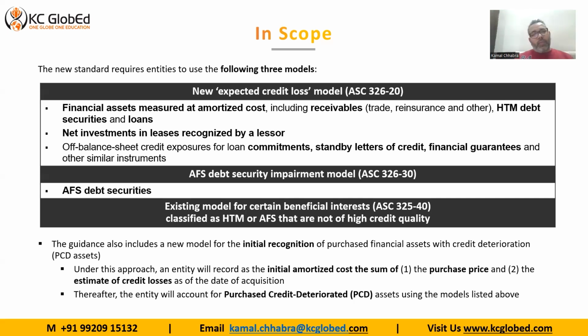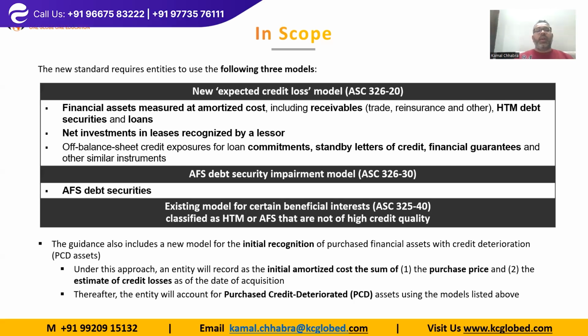And there are some off-balance sheet items also, which are loan commitment, letter of credit, financial guarantee, or other similar instruments that are in scope. In addition to that, ASC 326-30 also covers available-for-sale debt security impairment loss model. So AFS, available-for-sale debt security, is also in scope.